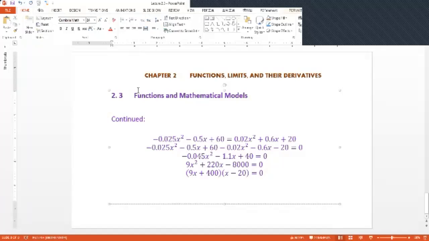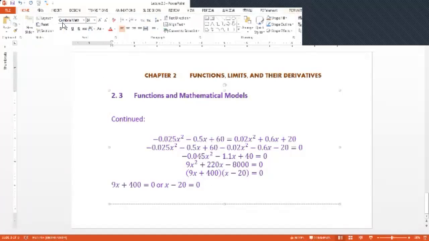Then you just set each factor equal to 0 and solve each equation. So what we get is 9x plus 400 equal to 0, or x minus 20 equal to 0, right?